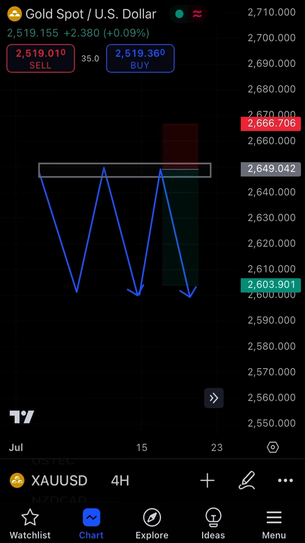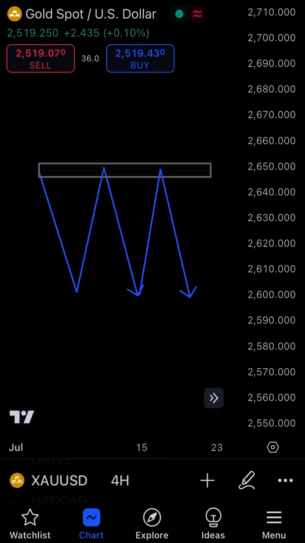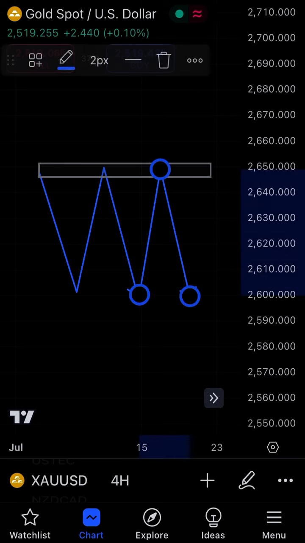Okay, so this is an example of a resistance. Okay, I'll still show you guys on the chart, but let me first of all explain like this so you guys will understand well. So now that's for resistance.